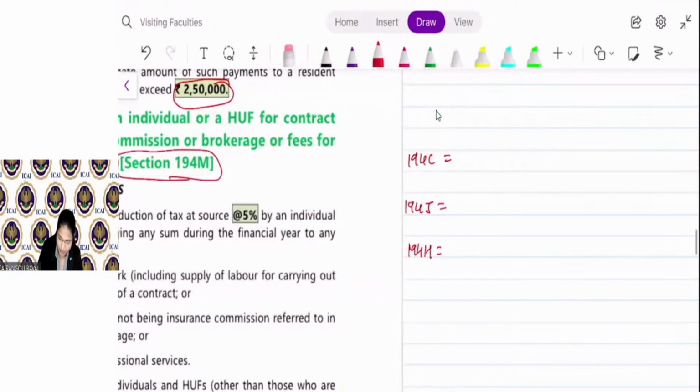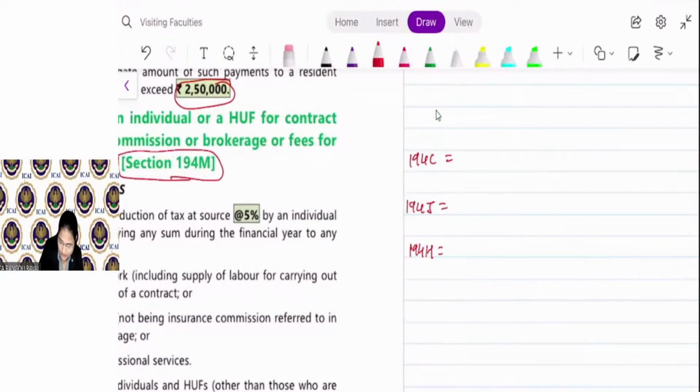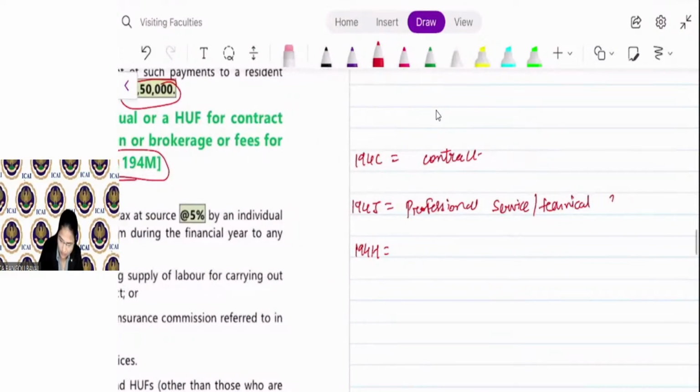Chalo. Section 194C is for contract. Section 194J is for professional services or technical service. And section 194H is for commission or brokerage.